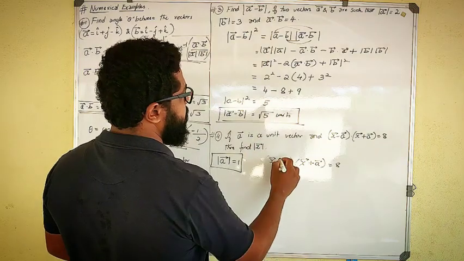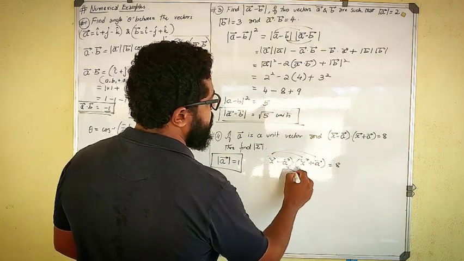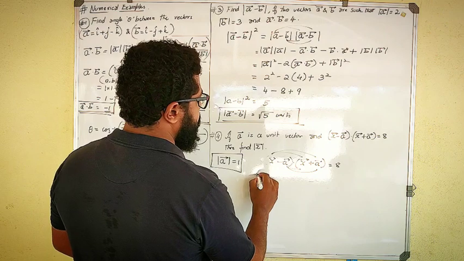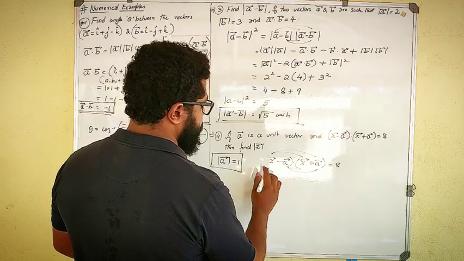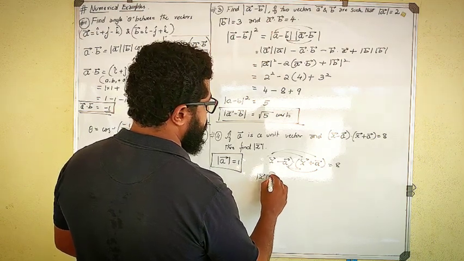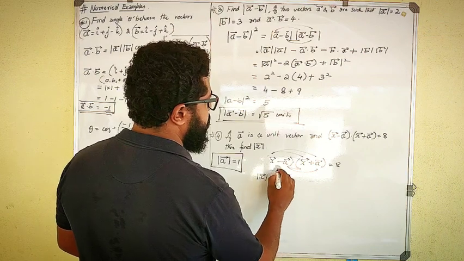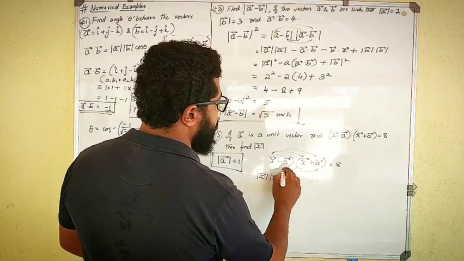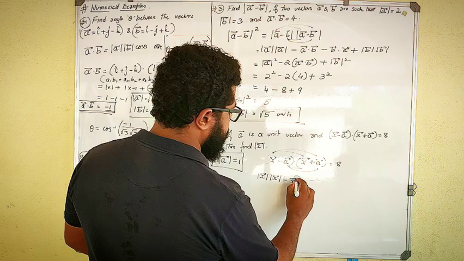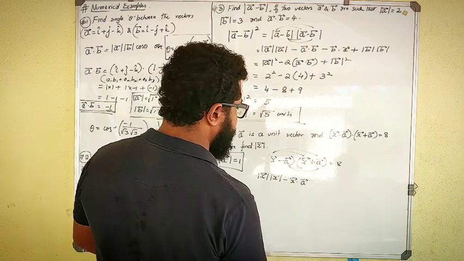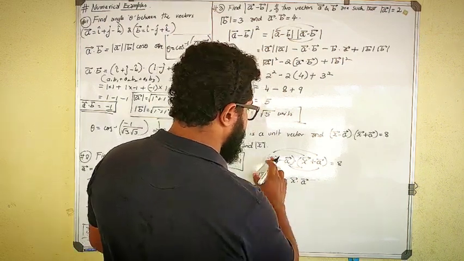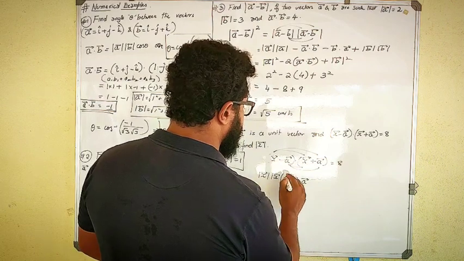So let me do the same method as the previous one. This into this and this into this. That will be x into x, magnitude of x into x on the right. Then it is minus x dot A. Correct, no? Is it right? Minus, no, it is plus, I think, plus.